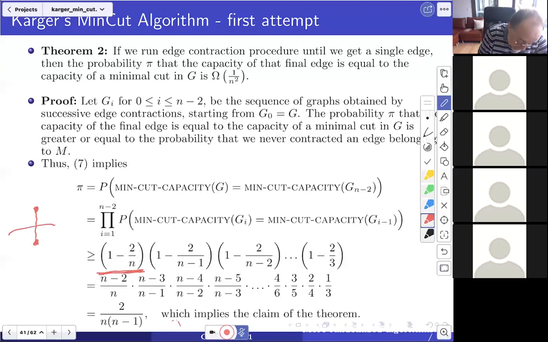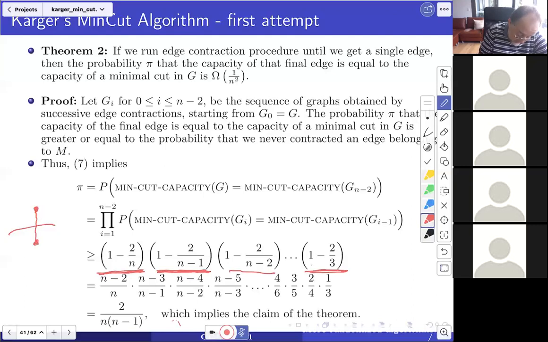So then you got a graph with n minus 1 vertices, and the probability that after you contract 2 vertices from that graph you don't injure the min cut is 1 minus 2 divided by n minus 1. In the third graph it will be 1 minus 2 divided by n minus 2, all the way till the end. When you have just 3 vertices, the probability of not injuring the min cut is 1 minus 2/3.